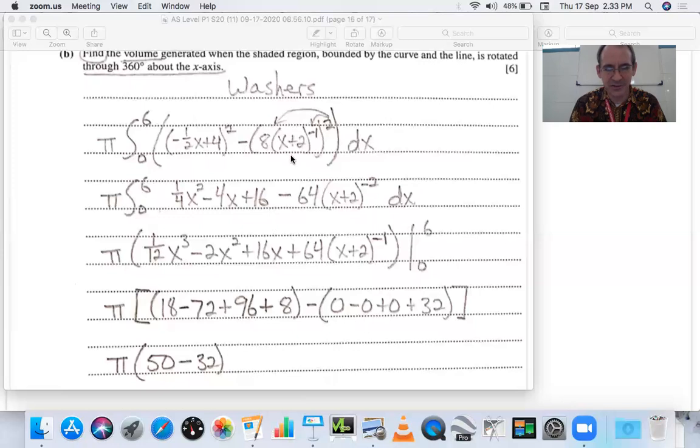You can integrate directly, but you have to deal with all the expanded form if you do that. I went ahead and squared it out so that it was simpler terms to work with. This square distributes to the 8 and to the -1. So that gives us 64 and an x plus 2 to the -2 dx.